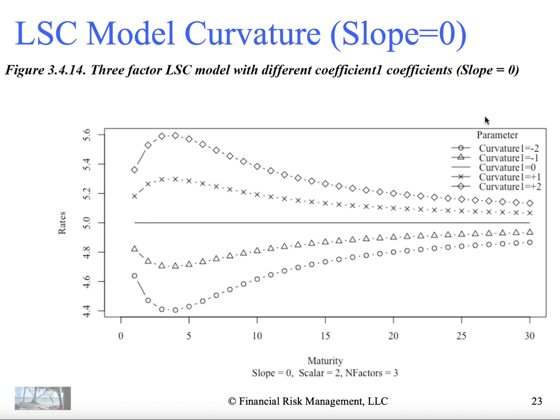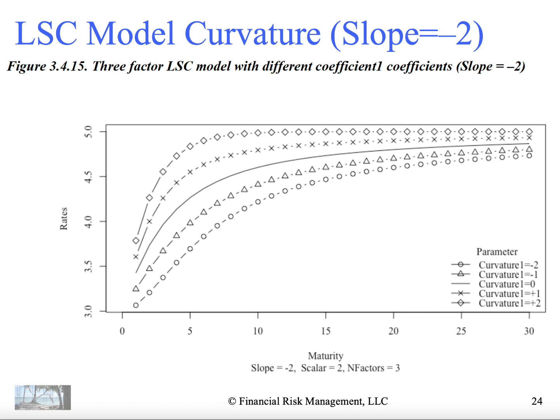For the curvature parameter, if I set the slope to be 0, and if curvature is 0, I get this flat line. If you'll notice with positive curvature, I have this upward sloping bend, and with negative curvature, it's a downward sloping bend. And so the curvature affects how the middle part of the curve behaves.